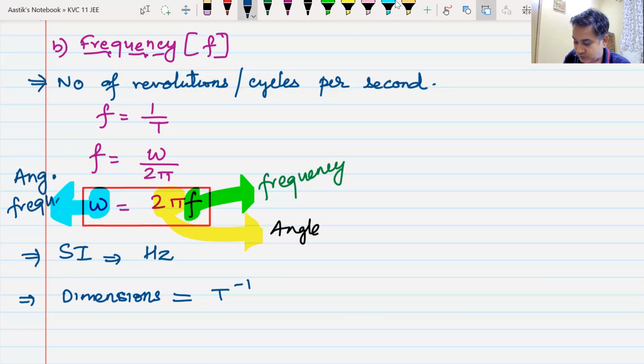Angular frequency stands for angular velocity in that case. But when we go ahead to the chapter on waves and the chapter on SHM, it would be angular frequency. Both of them mean the same thing. Do we understand this?